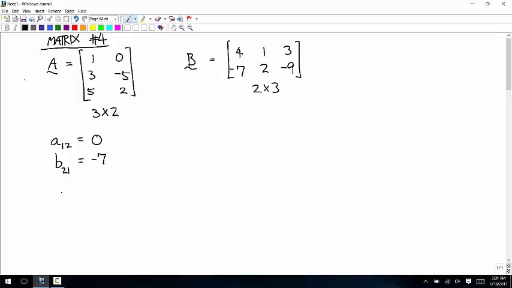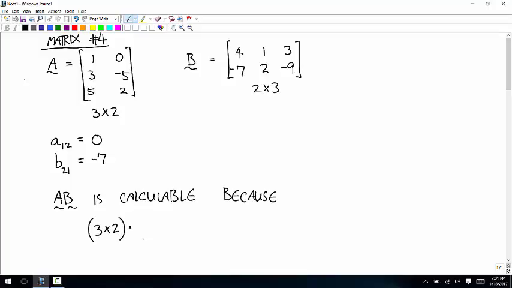AB, so because you're multiplying a 3 by 2 and a 2 by 3, and those match.